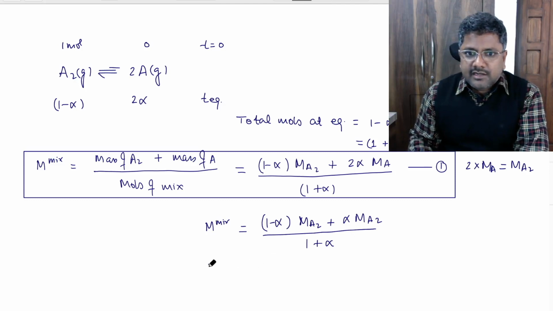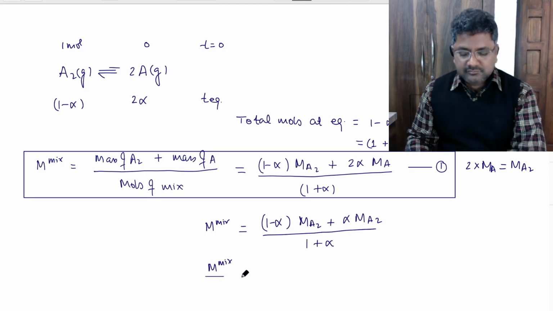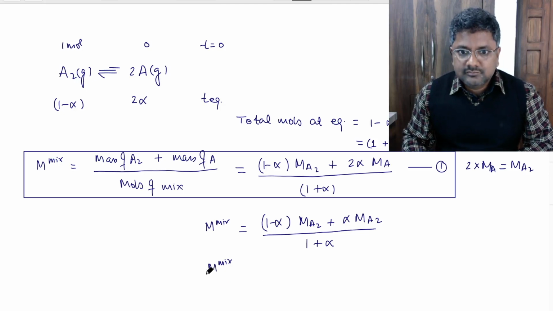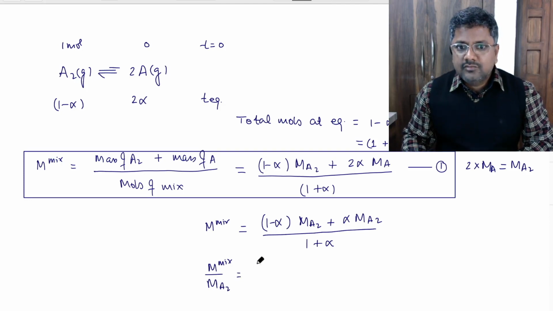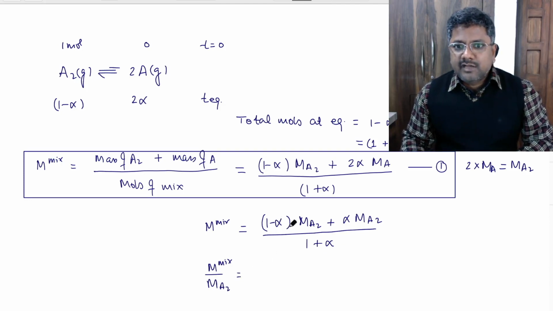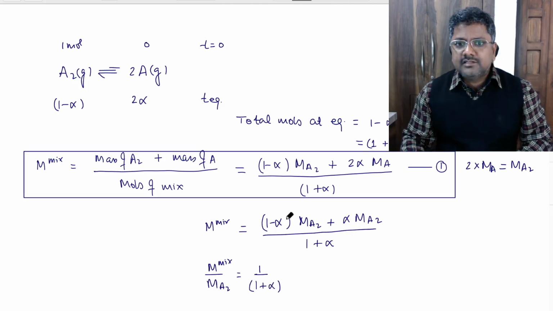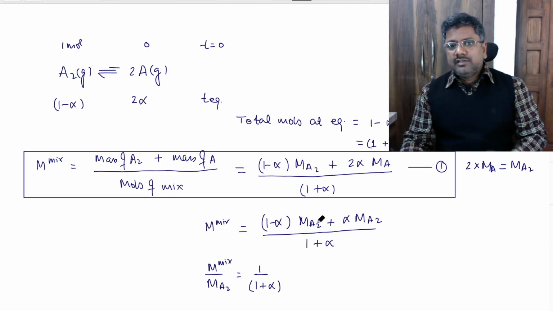So we can write molar mass of mixture by molar mass of A2 is equal to this 1 minus alpha plus alpha, so this is equal to 1 by 1 plus alpha, correct? 1 minus alpha plus alpha, so it is equal to 1.